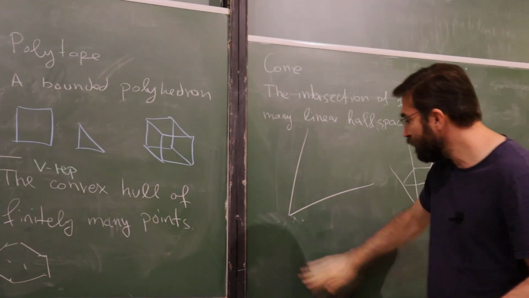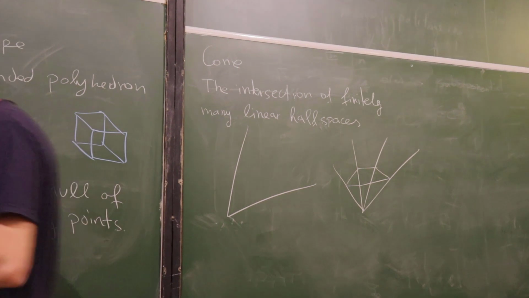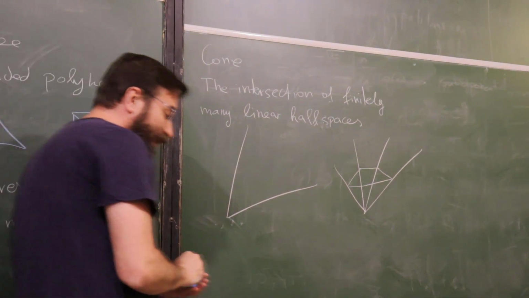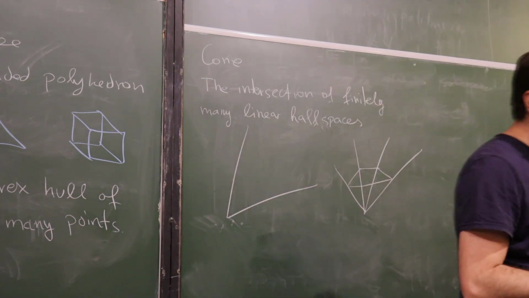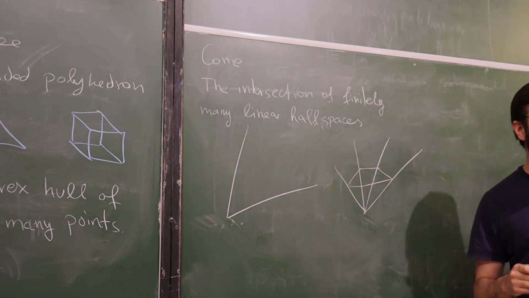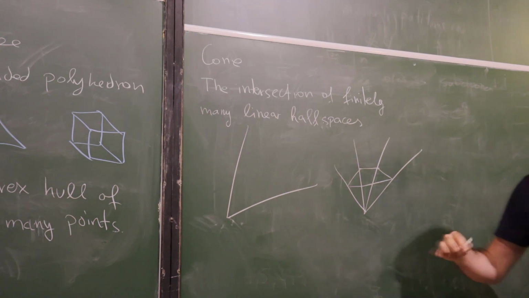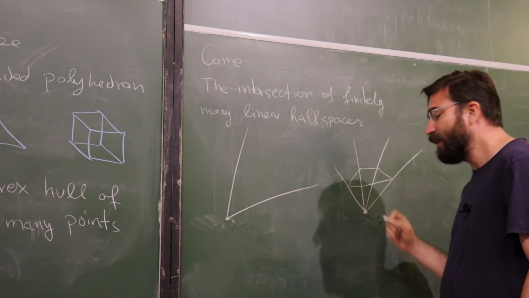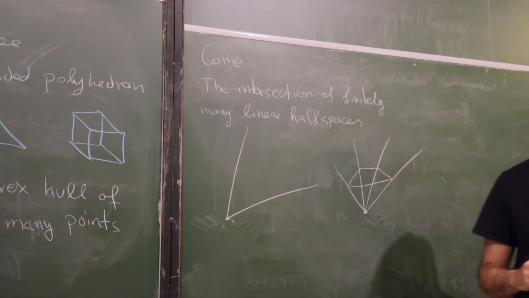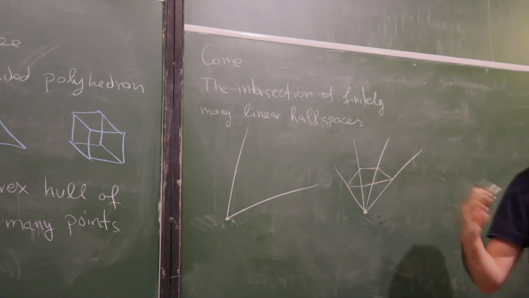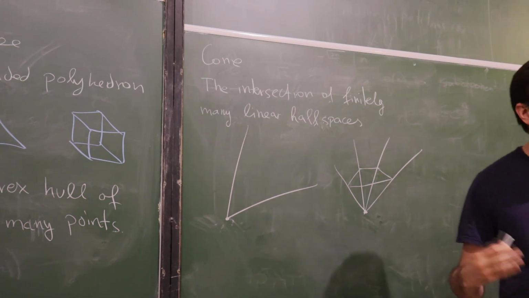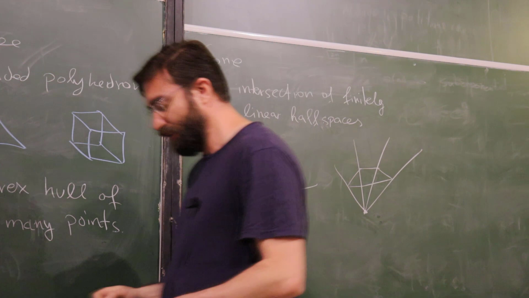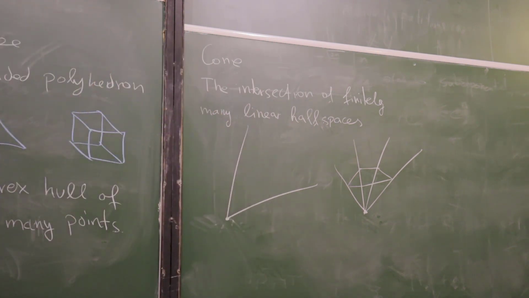So these are cones, polyhedral cones. I will immediately violate the definition I gave. I will allow my cones not to go through 0. This point, the apex of the cone, is not necessarily 0. I will allow translates of cones. So when I say cone, what I mean is the intersection of linear half spaces or translates of that.